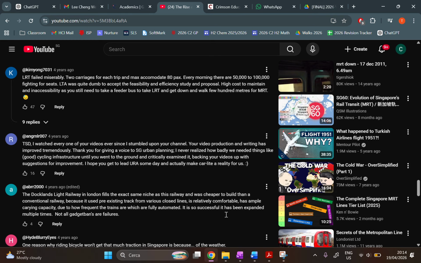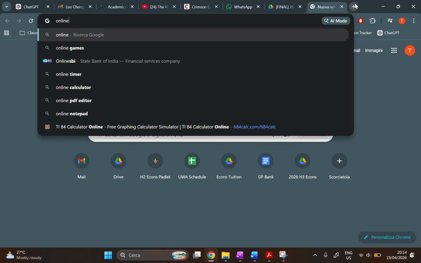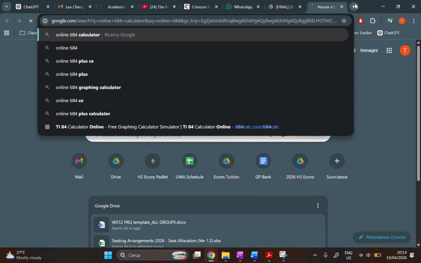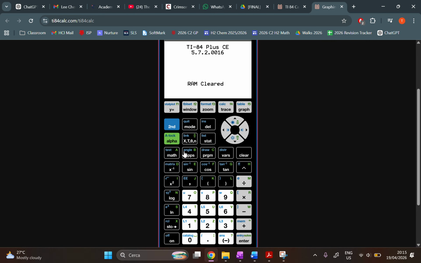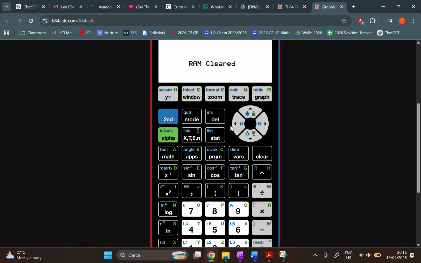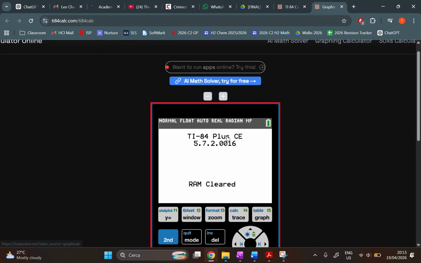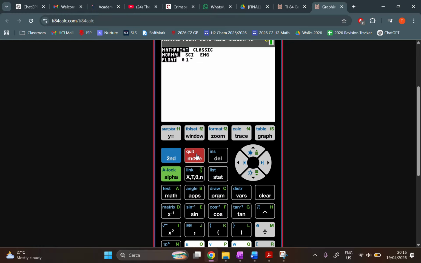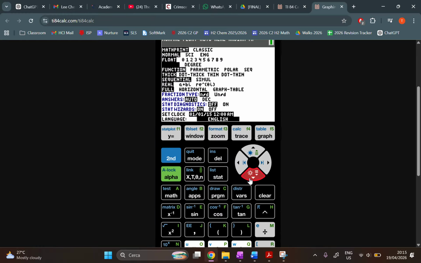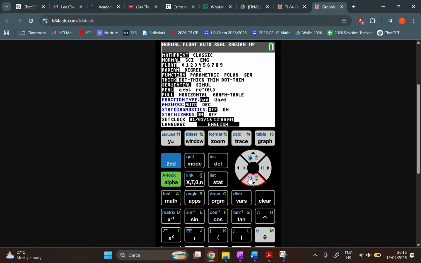Let me see if I can show it to you now on the online TI-84. Okay, so first I need to be able to change the mode to complex. So instead of real here, I'm going to go down to a plus bi here.